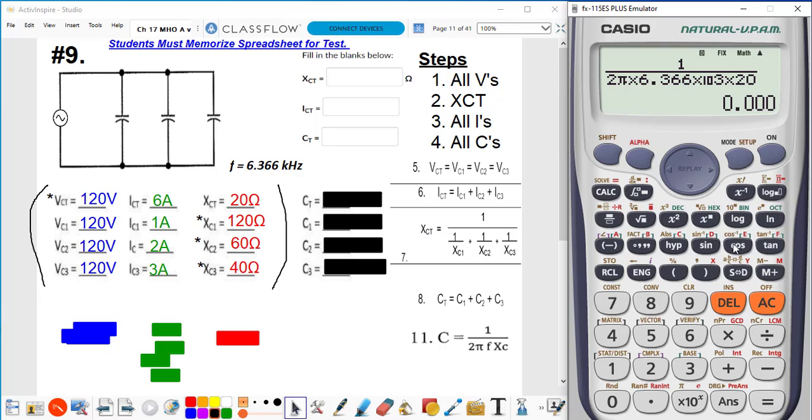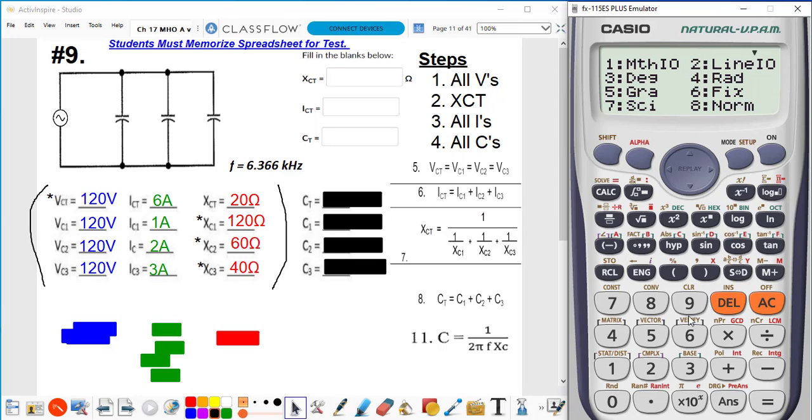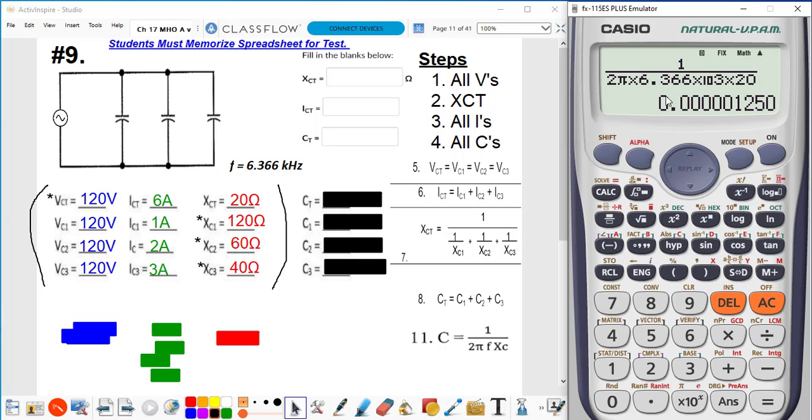And that gives us, well, I don't have enough decimal places. Shift mode setup 6. Let's go with all the decimal places. We hit engineering, 1.25 microfarads.